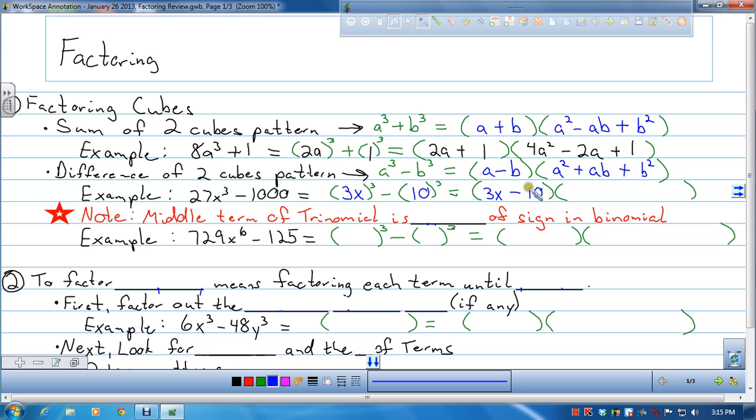Then I'm going to square this, meaning I would have 9x squared plus, if I multiplied both of those together, 3x times 10, 30x, and then when I square that, I would have plus 100.